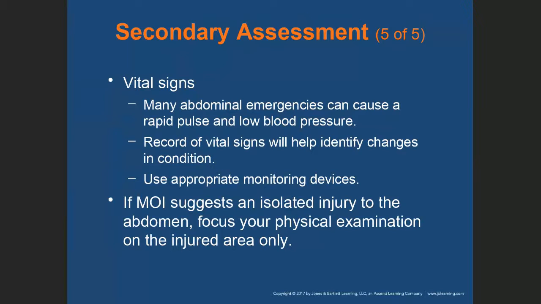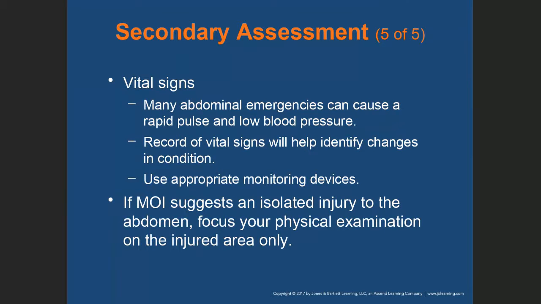Vital signs within your secondary assessment. Many abdominal injuries can cause a rapid pulse and low blood pressure. Recording vital signs will help identify changes in condition. Use appropriate monitoring devices. Ideally, you want 3 sets of vital signs.